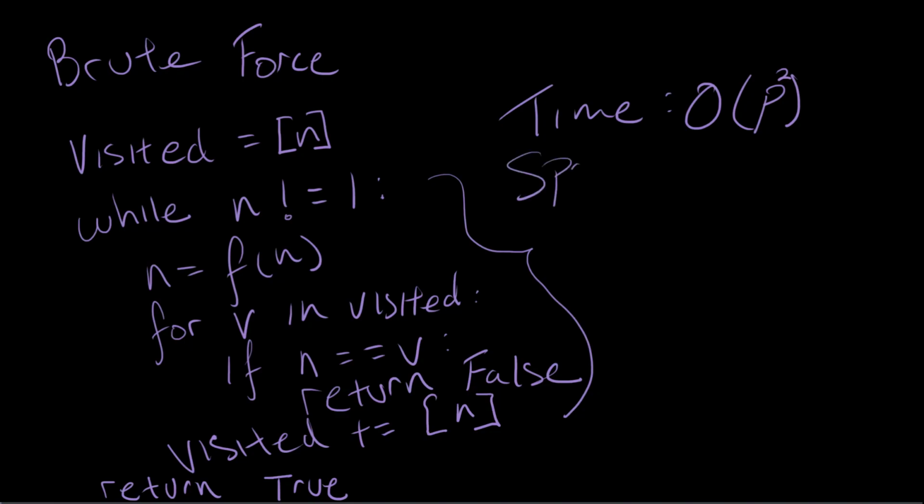And our space complexity is also O of P, because as this path gets longer, visited gets longer. It's interesting that this time and space complexity doesn't actually grow with n, as we saw that with this algorithm, when n is 2, the computational time and the computational space was higher than with 19.